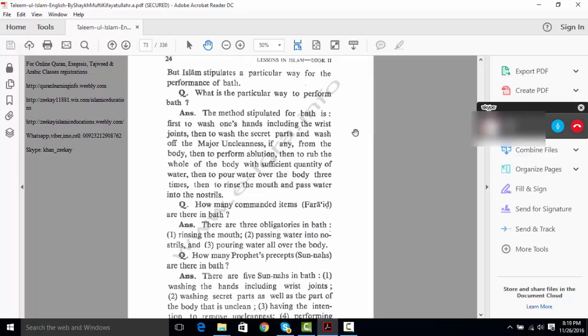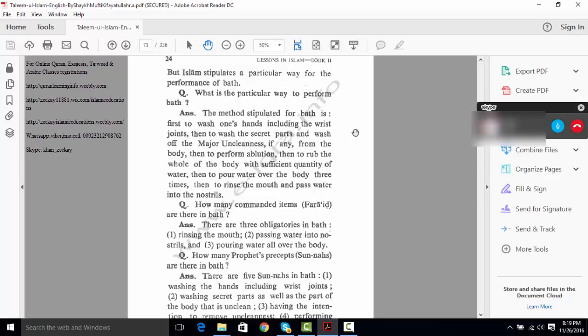Understand? What is the particular way to perform bath? Now we are discussing the method, how one should have his bath, his ghusl. First, to wash one's hands, including the wrist joints. Then, to wash the secret parts and wash off the major uncleanness, if any, from the body.